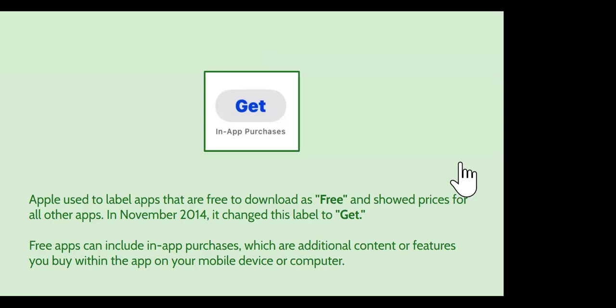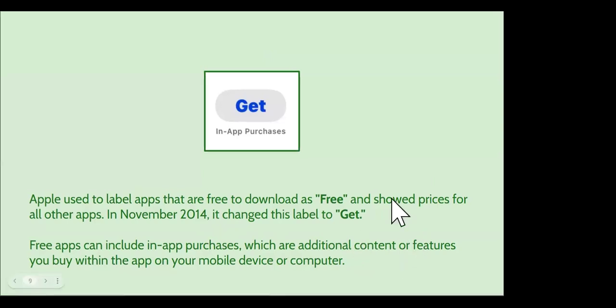Apple used to label apps that were free to download as free and show prices for all other apps. But since November 2014, it changed the label from free to get, meaning free apps will have the get button instead of free. But if you use an Android device, it will say install instead of get, right? Keep in mind that free applications can include in-app purchases.